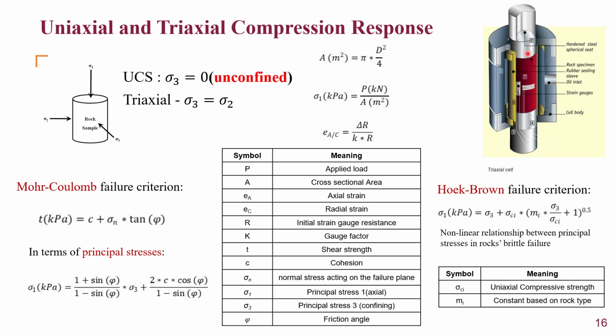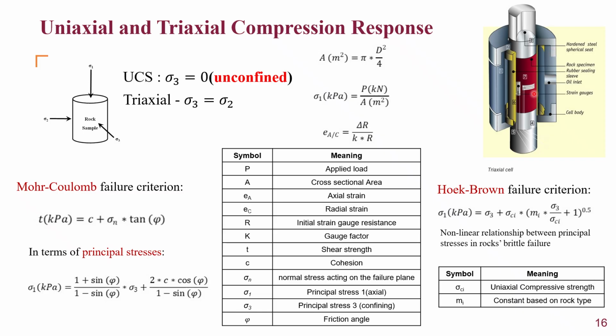So you load your core sample into the triaxial cell, and then your oil inlet would go around the sample, which is covered by a rubber sleeve, and then this hydraulic oil is pressurized and provides the sigma 2, sigma 3 confining pressure.